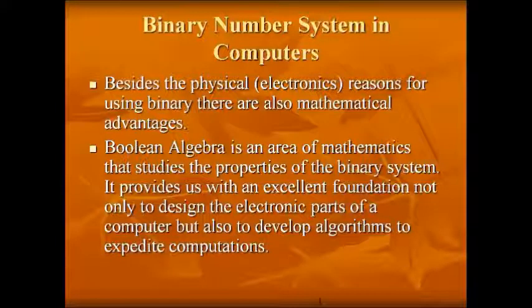So, binary number system in computers. Besides the physical reasons for using binary, there are also mathematical advantages. Boolean algebra is an area of mathematics that studies the properties of the binary system. It provides us with an excellent foundation not only to design the electronic parts of a computer, but also to develop algorithms to expedite computation.